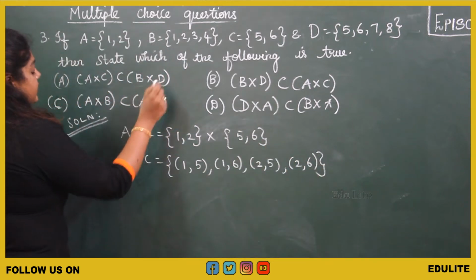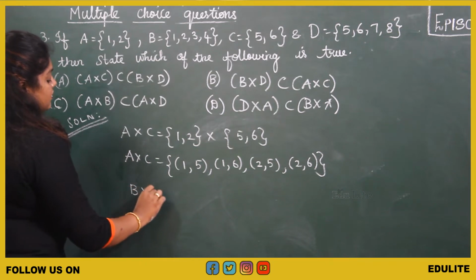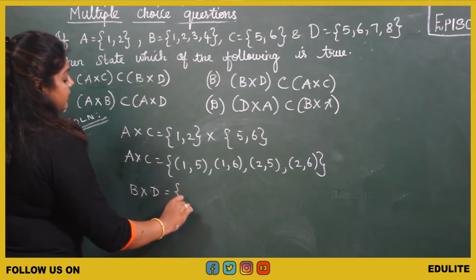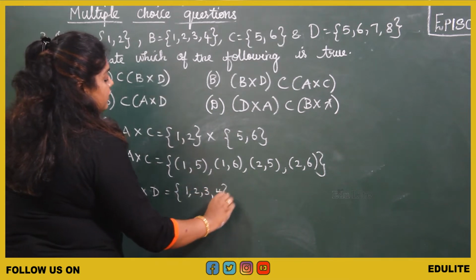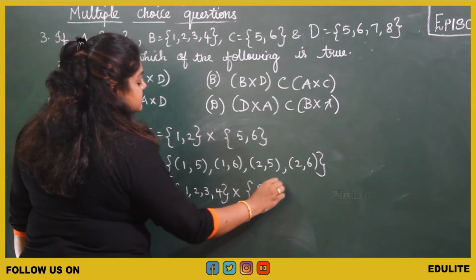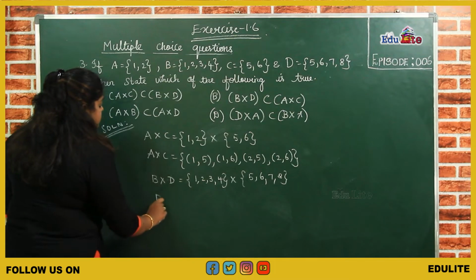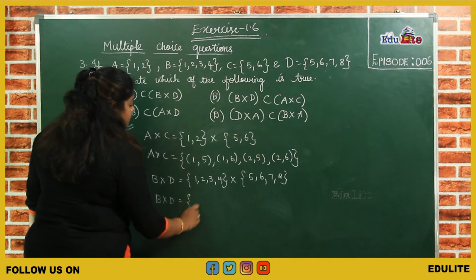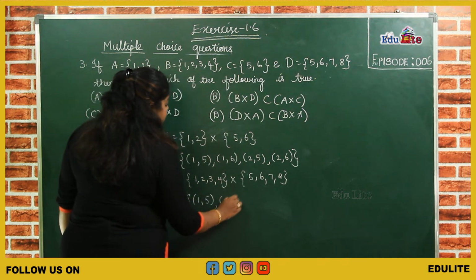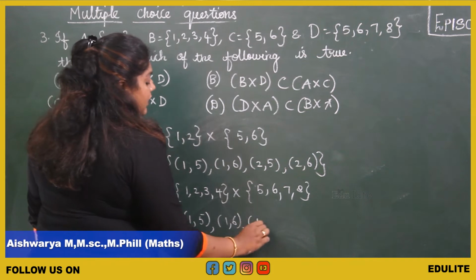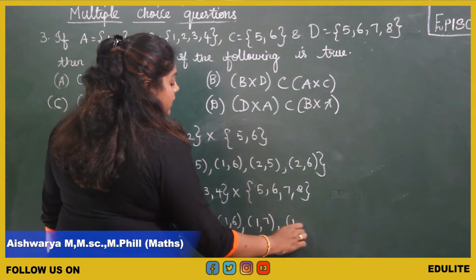Next we have to find B cross D. B set is 1, 2, 3, 4. Cross D set is 5, 6, 7, 8. B cross D can be written as 1, 5, 1, 6, 1, 7, 1, 8.